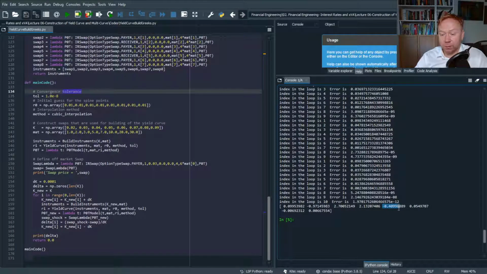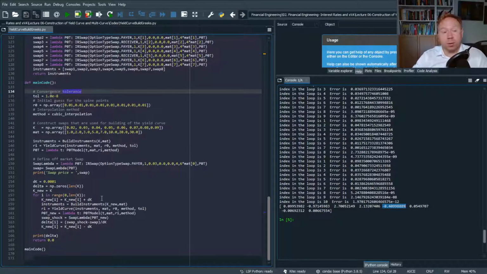For example, we have sensitivity to 7 years, and we also see sensitivity to 10 years and also 20 and 30 years. Maybe it's not a huge number here, however you can see that for 10 years, for example, the hedge is rather significant.